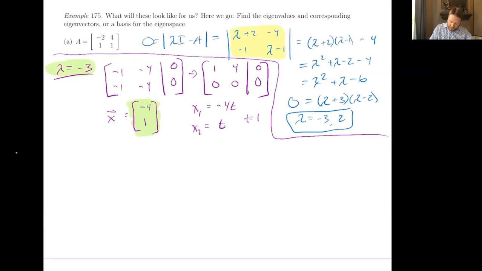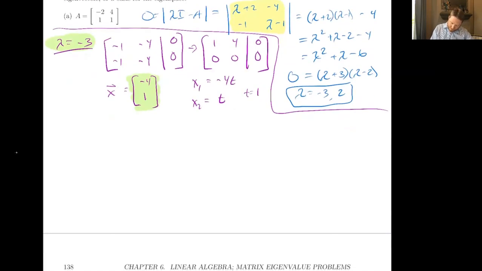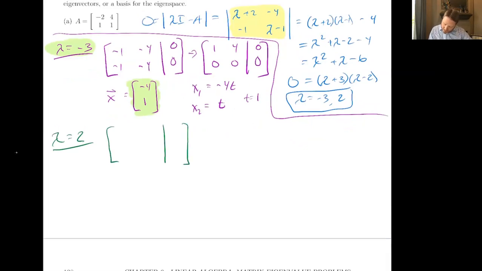Let's do it again for lambda equals 2. Plug it back in again. Okay, so the yellow matrix up there. So I have 2 plus 2 is 4, negative 4. Negative 1 and 2 minus 1 is 1.